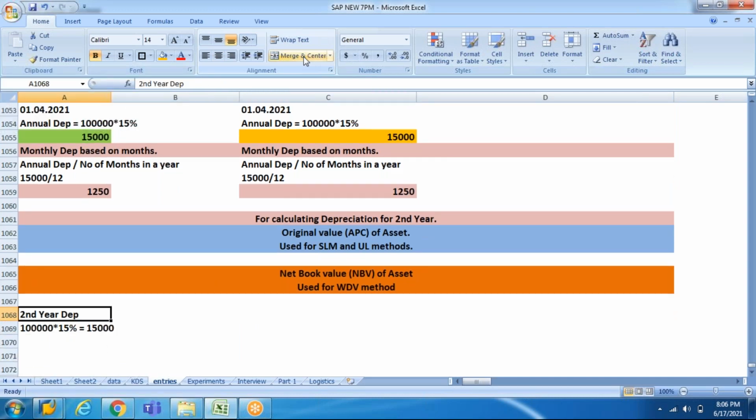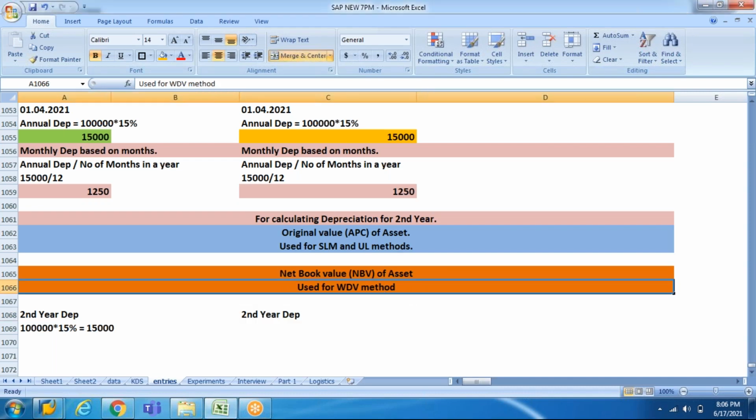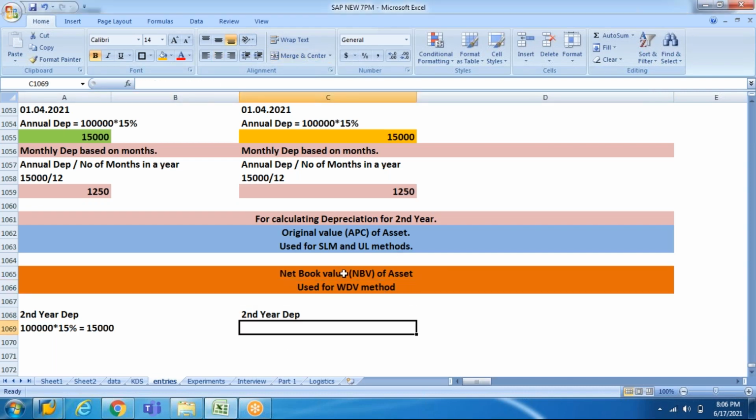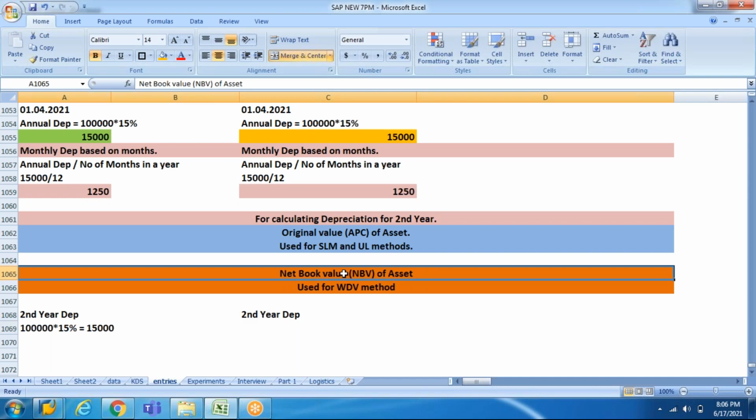Now, for the second year depreciation here, what method are we using? Written down value, the WDV method. For the WDV method, you need to calculate based on the net book value of the asset. Correct? Yes.